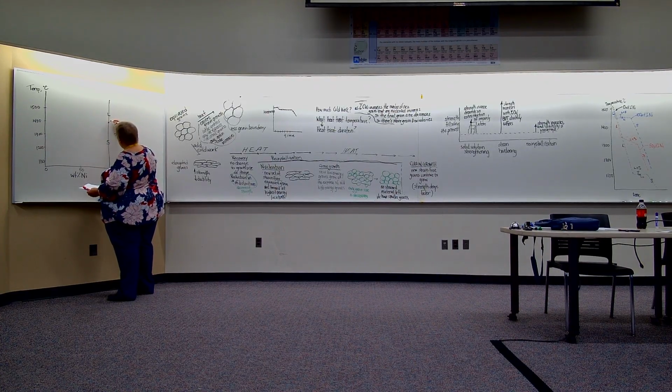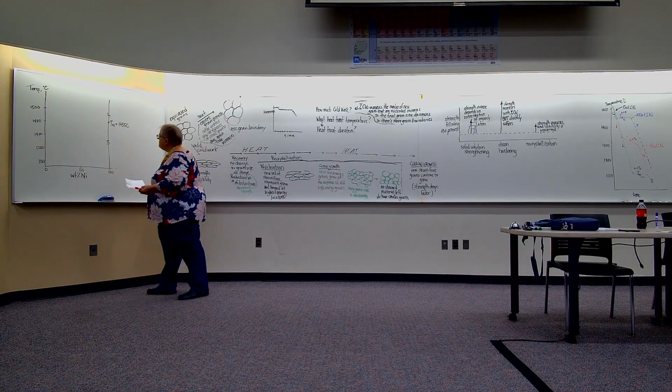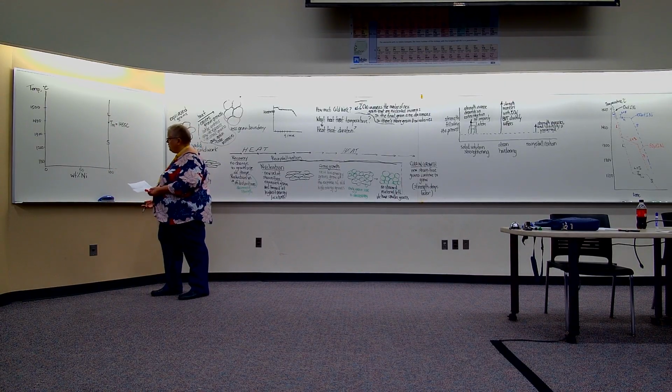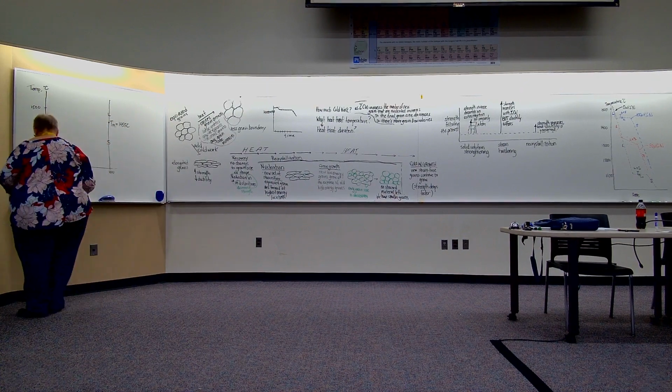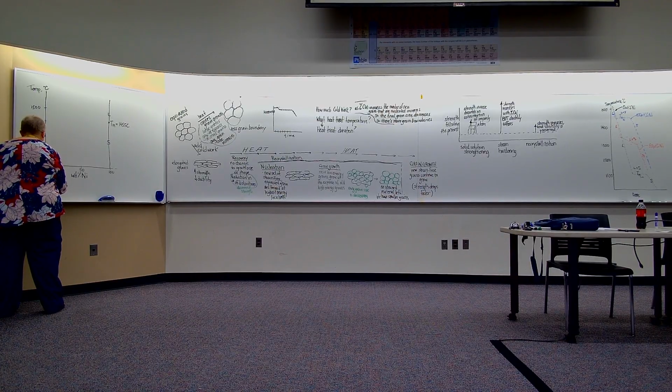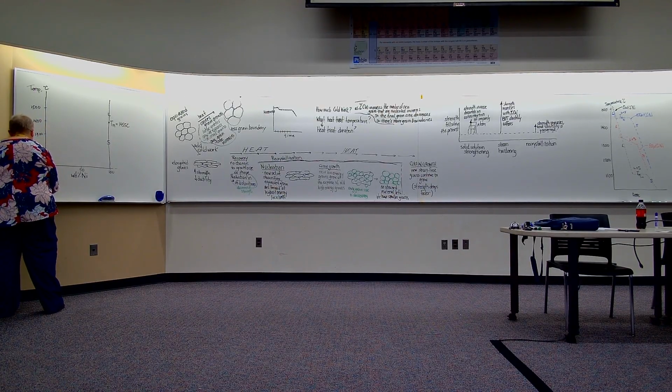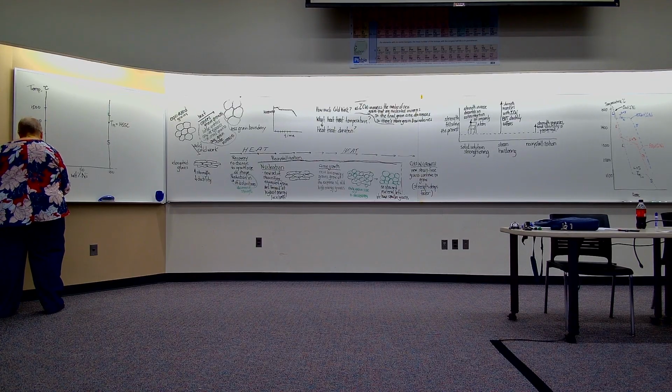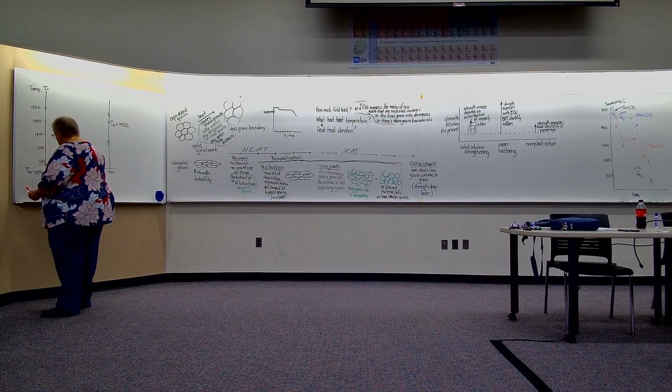And this is the melting temperature for nickel, which is 1455. And if I do the same for copper, this is a melting temperature of 1085 for copper. Right there. Above that liquid, below that solid.